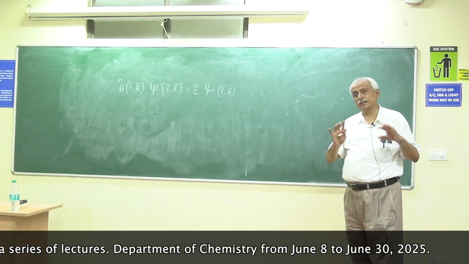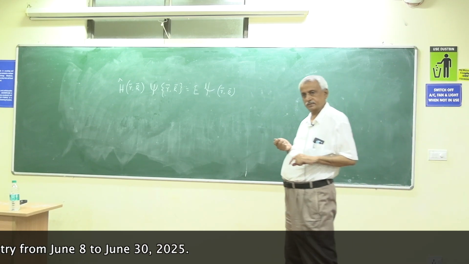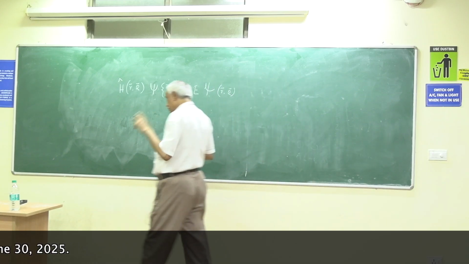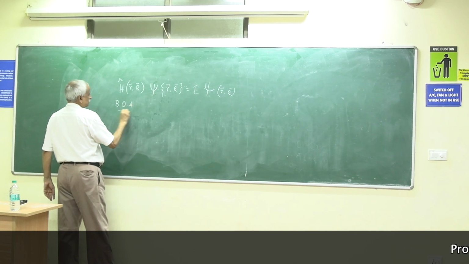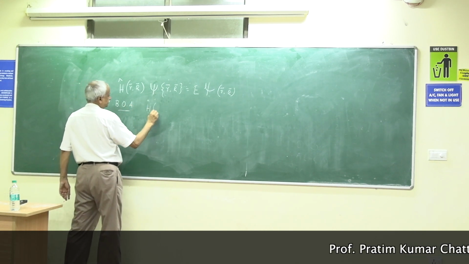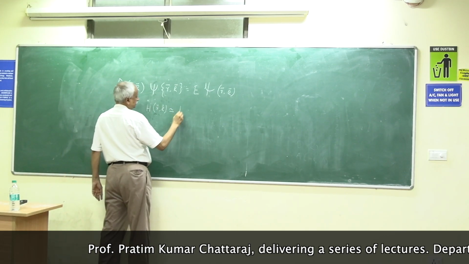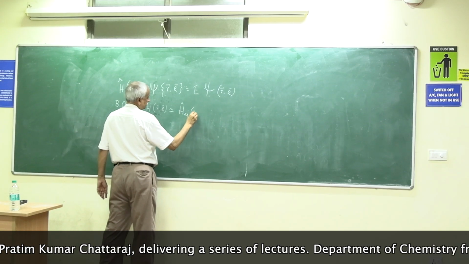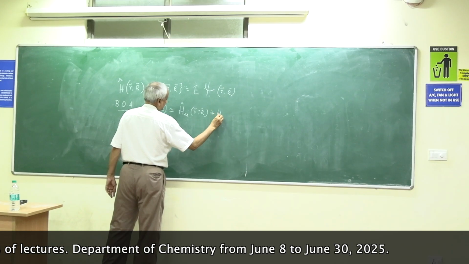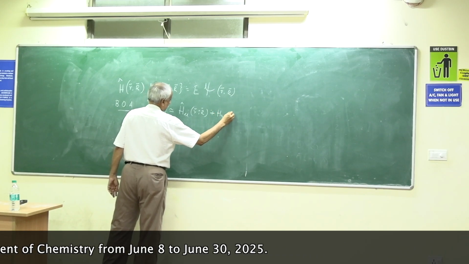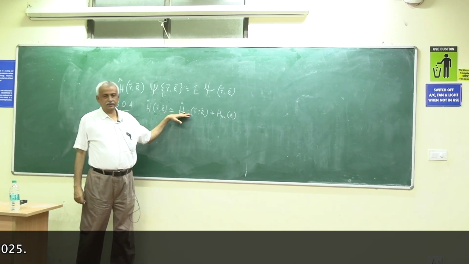Now we will see that you can separate out electronic motion from the nuclear motion according to the Born-Oppenheimer approximation. If you can do it within the Born-Oppenheimer approximation, your H, you can see the physics is written in that mathematical form.